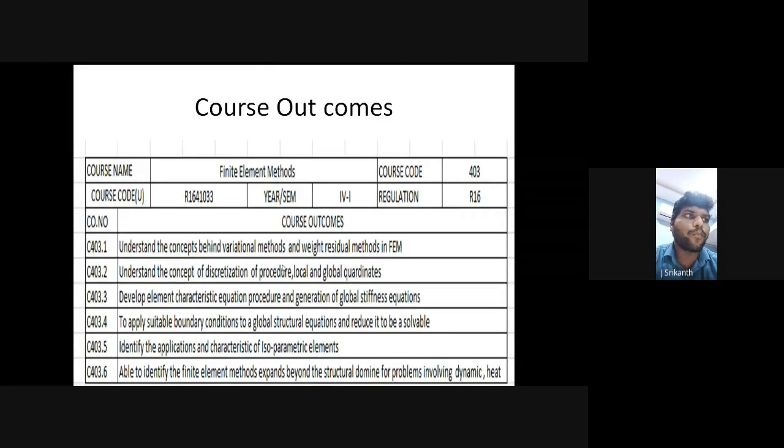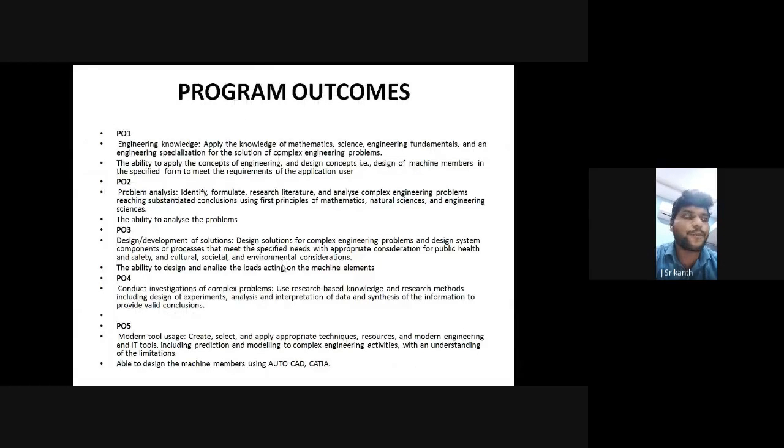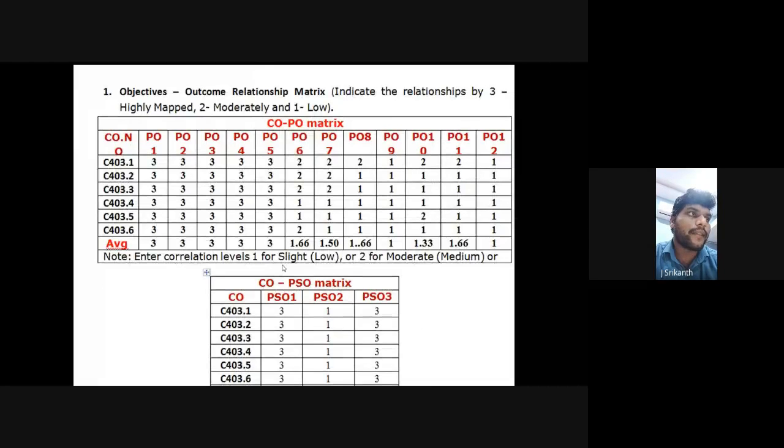And then program outcomes. These program outcomes are the same for all subjects, covering the total college. And then the course outcome relationship matrix.